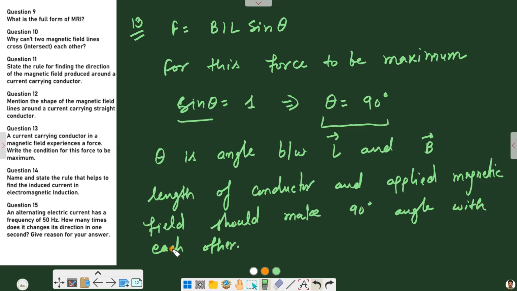And we also know that the direction of length is the same as the direction of current. Here this I is current.